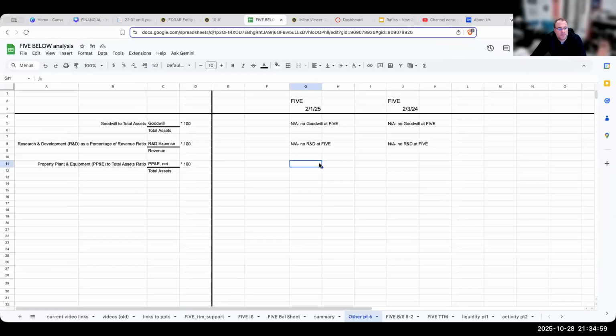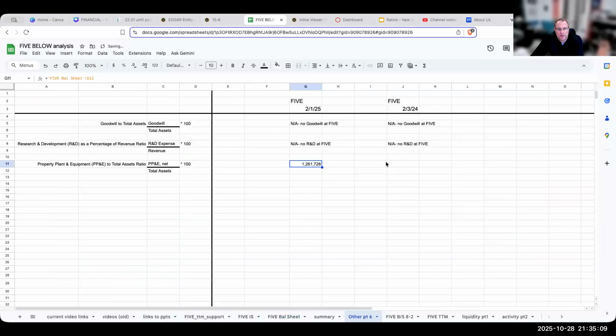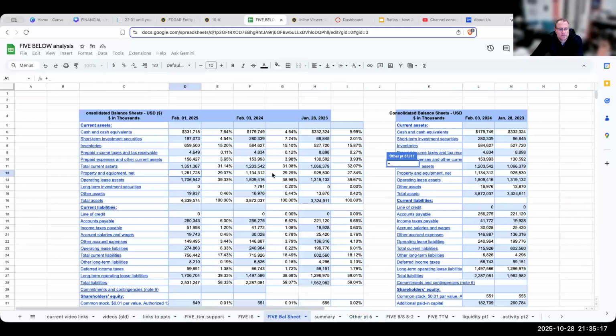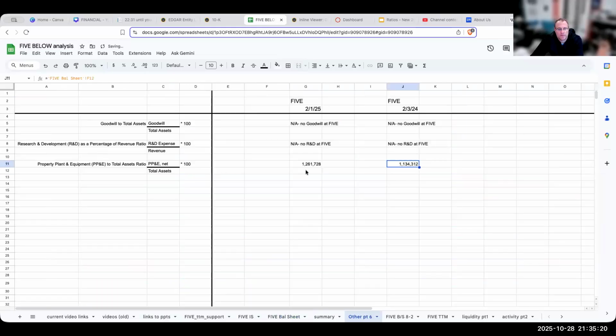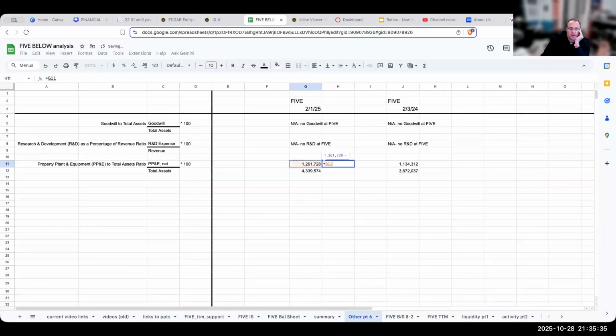So let's take a look at Five Below. My property, plant, and equipment, net, which means it's less the accumulated depreciation, is 1.2 billion, as opposed to 1.134 billion over here. This goes against my total assets of 4.339 billion, and over here my total assets of 3.8 billion.